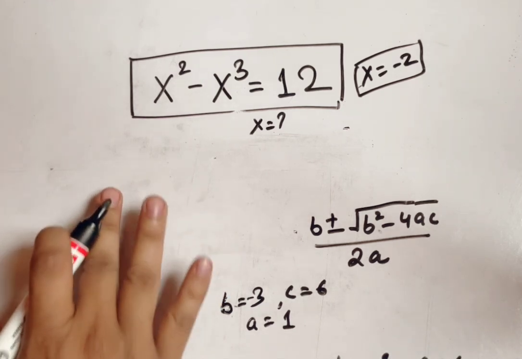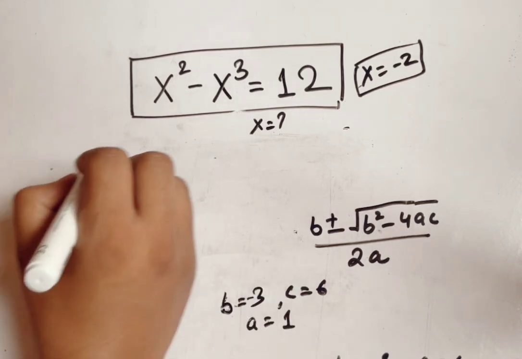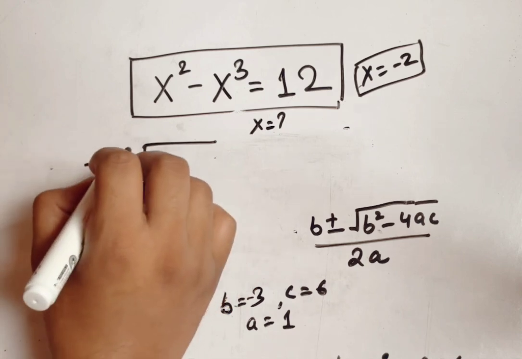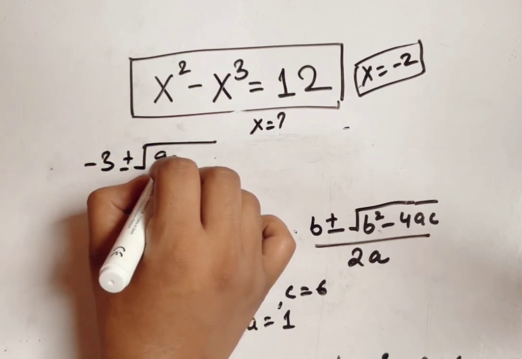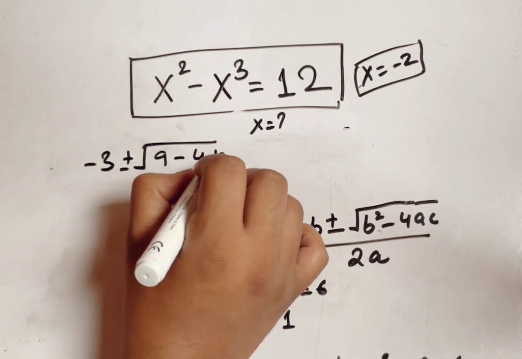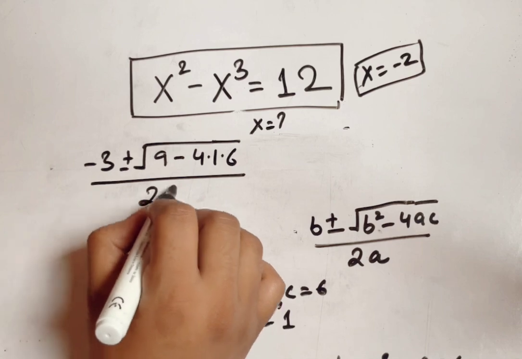Okay, cool. What we're going to do is apply this. So minus of minus 3 plus minus under root of b square is 9 minus 4 dot 1 dot 6 upon 2 dot 1.